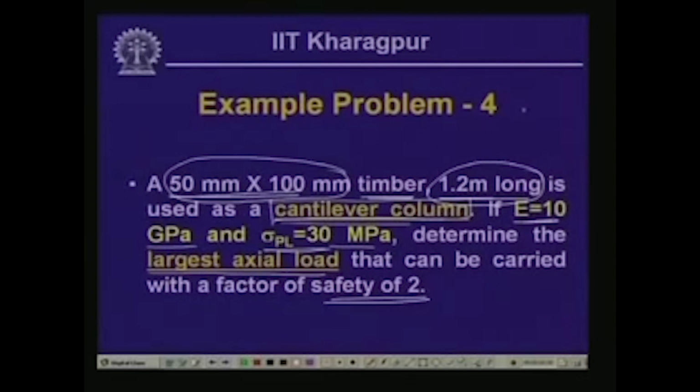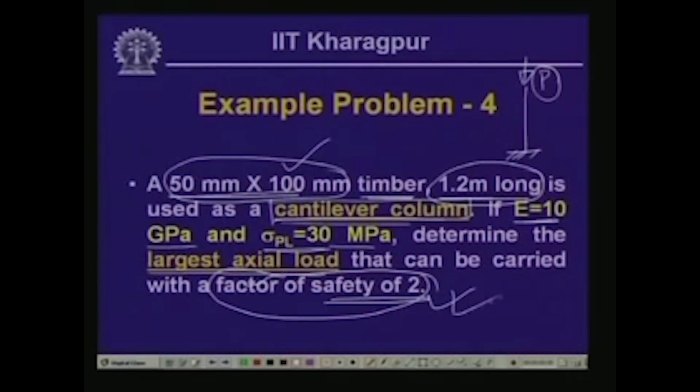The meaning of cantilever column is that it is fixed at one end and free at the other, and this is subjected to a compressive load P. So, we will have to find out how much load P we can apply to this member having this particular section, so that we can have a factor of safety of 2. Keep this aspect in mind that we will have to impose a factor of safety of 2 and decide what load P we can apply on this member.